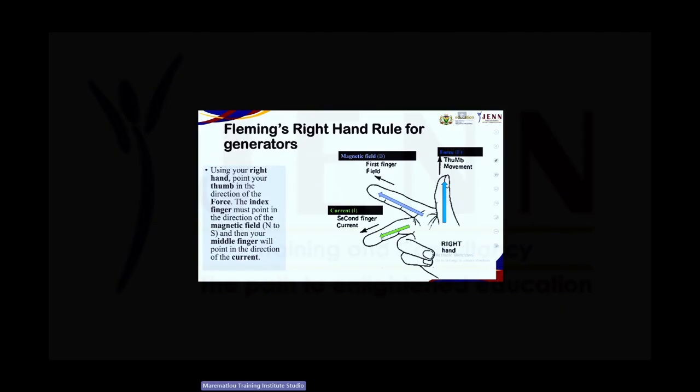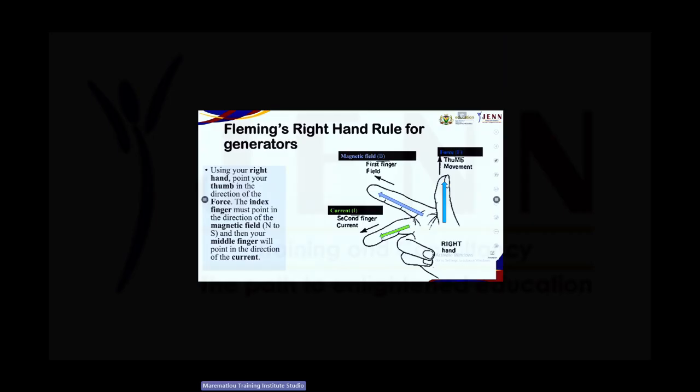And then you take your middle finger and you put it at a right angle to your index finger.